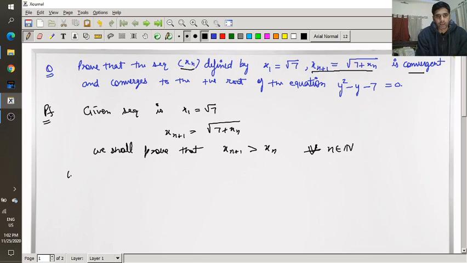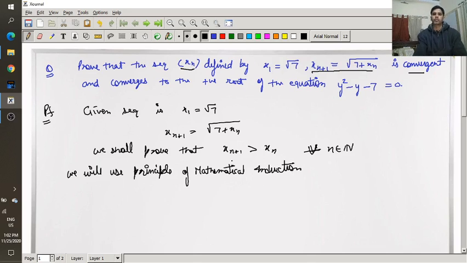So here we will use the principle of mathematical induction to prove the above result. Now first of all we will take x1.